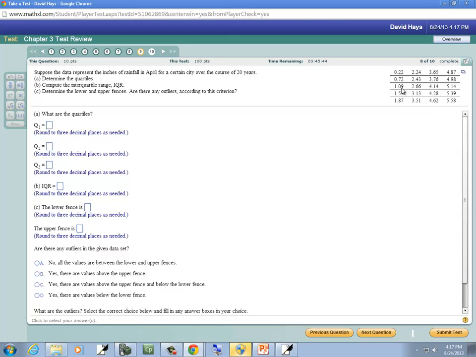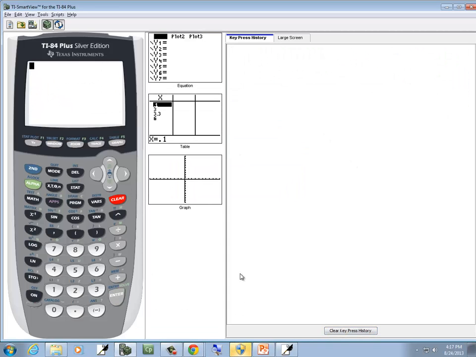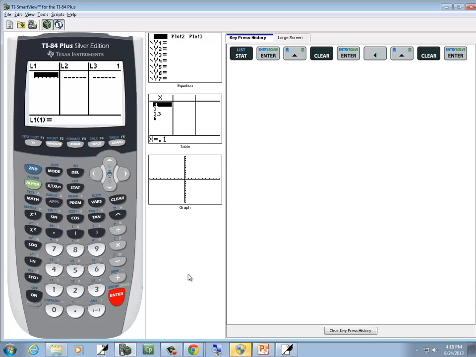I'll try. First thing we're going to do is input those numbers into our list. So I'll go to Stat, enter on Edit. I'm going to up arrow, highlight L2, press Clear, enter. Left arrow, up arrow to highlight L1, press Clear, and then enter.